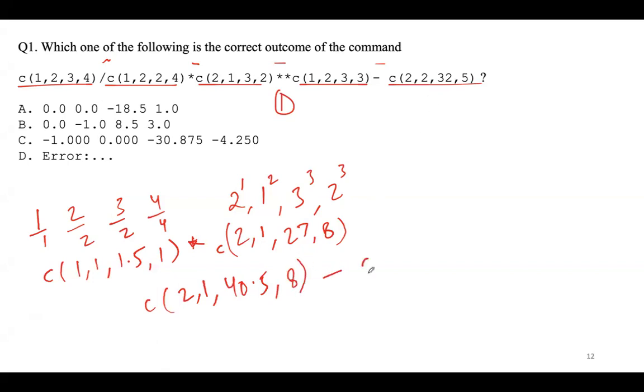And then we subtract the last one. So then we get 0, minus 1, 38.5, 3. So the second option is correct, right?